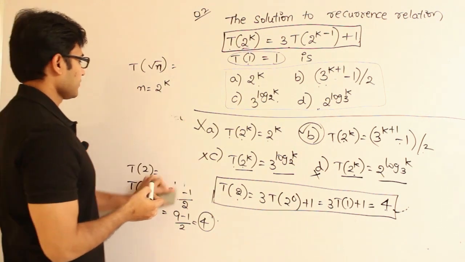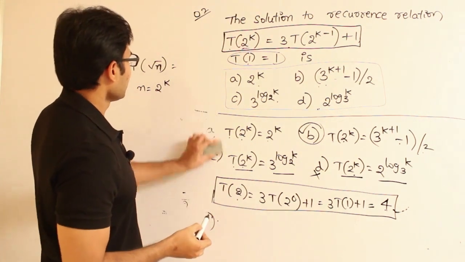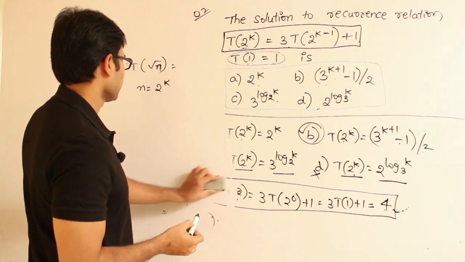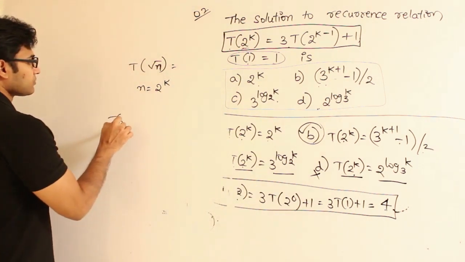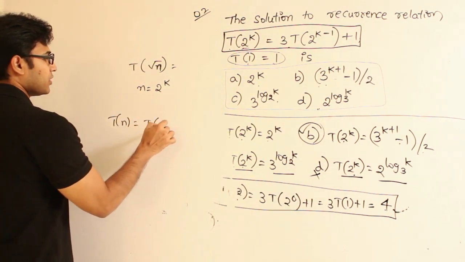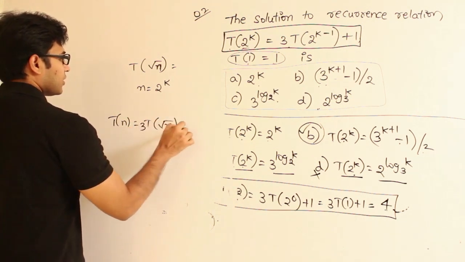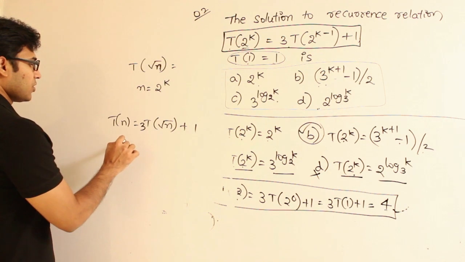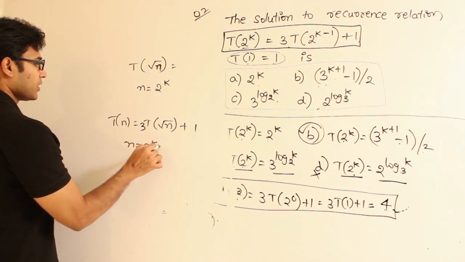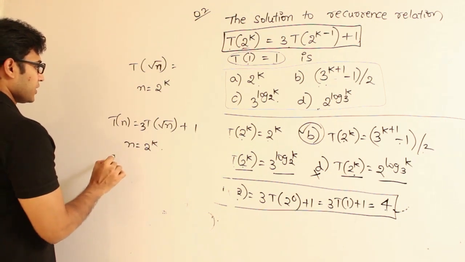See, let us say some other question is asked like this: t of n equal to t of root n plus 1, something like this. Then what you do is let n equal to 2 power k, then you substitute it over there.